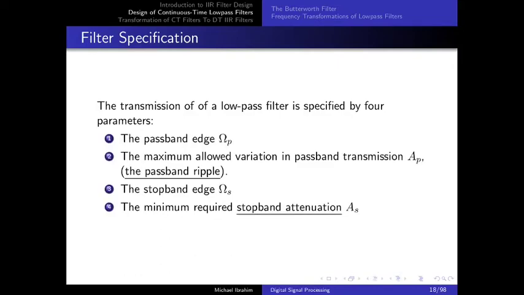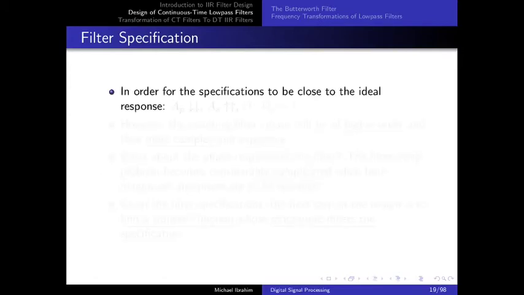The edge of the passband, omega p, the edge of the stop band, omega s, the maximum allowed variation in the passband, or the passband ripple, AP, and the minimum required stop band attenuation, which is called AS. The same 4 specifications we had when we were designing digital FIR filters.